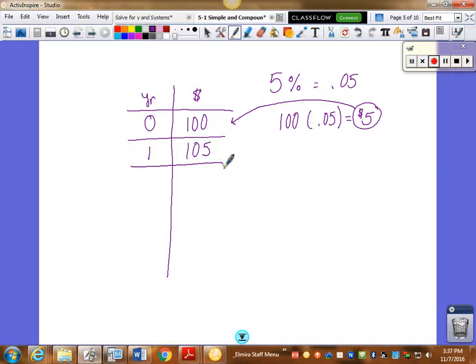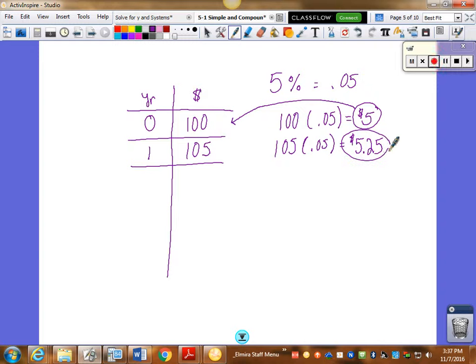Okay, here's the difference between simple interest and compound interest. In compound interest, that $5 that I just earned and added in, that now earns interest. So instead of 100 times 0.05 again, instead of adding $5 interest every time, I'm going to calculate a new interest, 105 times 0.05. And it comes out $5.25.